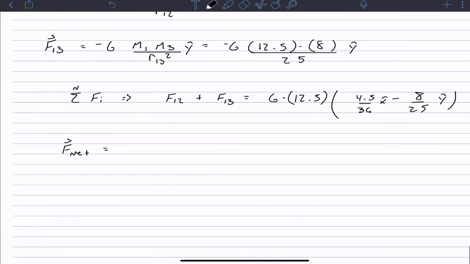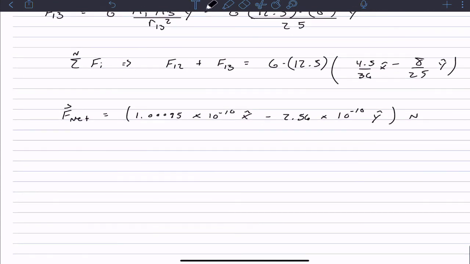I plug that in and I get 1.00095 times 10 to the negative 10 x hat minus 2.56 times 10 to the negative 10 y hat. This is in newtons, by the way. This is how many newtons we have in each direction.